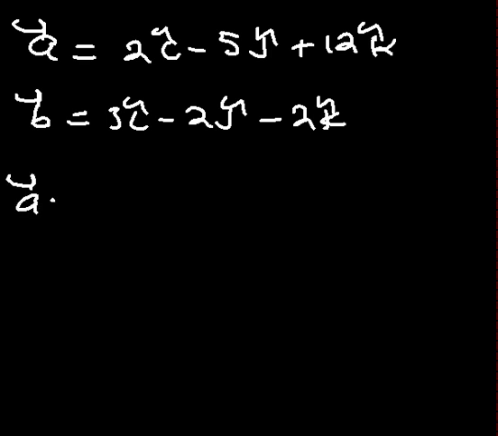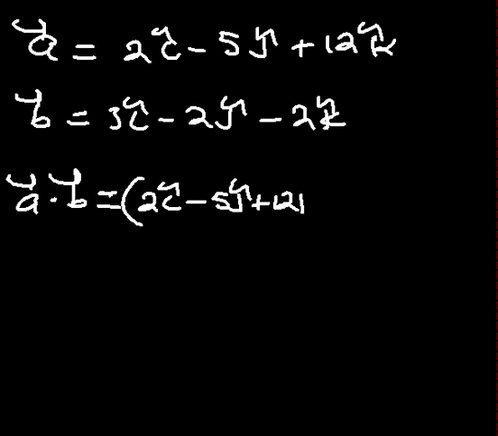So what is the dot product of the two vectors A and B? You should understand it in this way. We have 2i minus 5j plus 12k dot 3i minus 2j minus 2k.